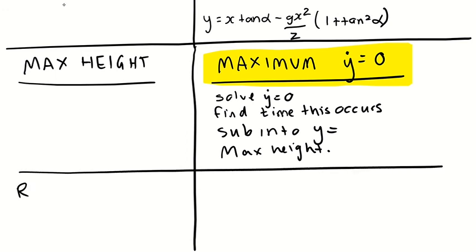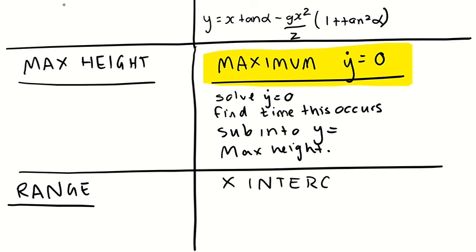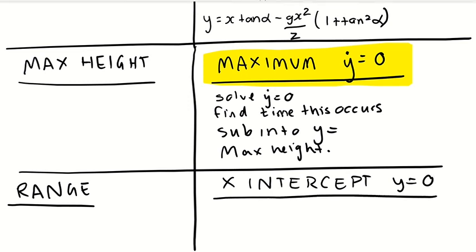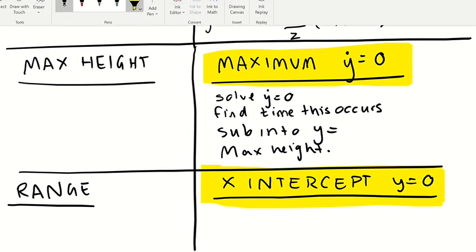Last of all, if you need to find the range, and these are all on the diagrams I first had, think the range of our projectile is really just, what's the x-intercept? When does it come back and hit the ground? And how do we do that? We make y 0, because that's how we find an x-intercept. Like I said, if you know calculus well, you should be able to do this without any kind of help.